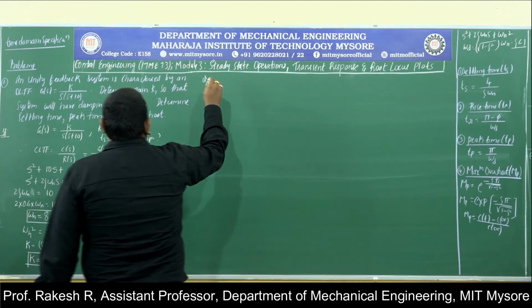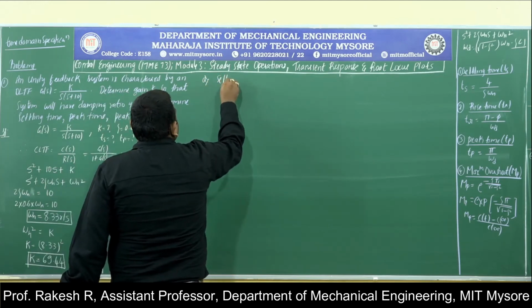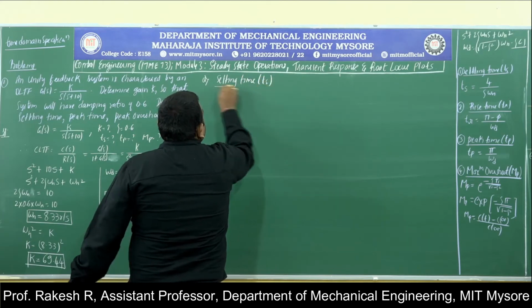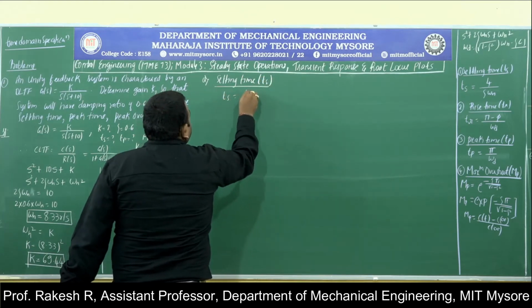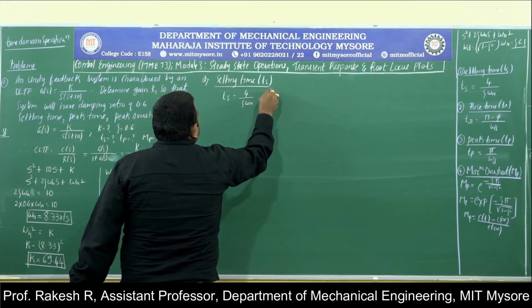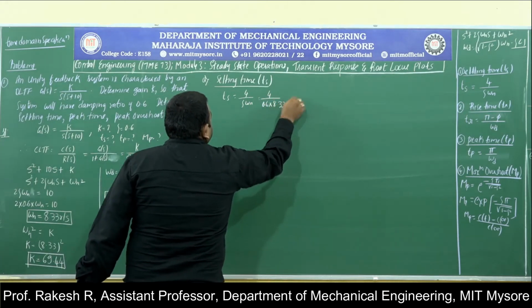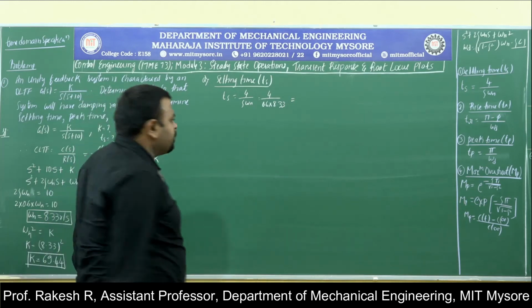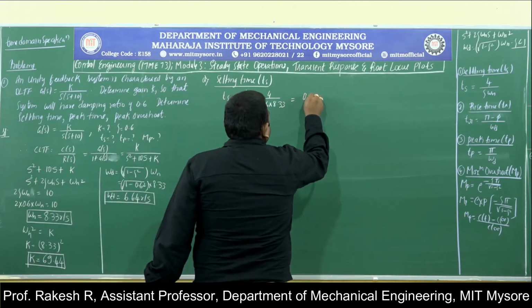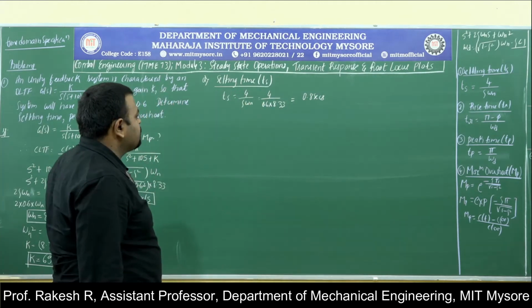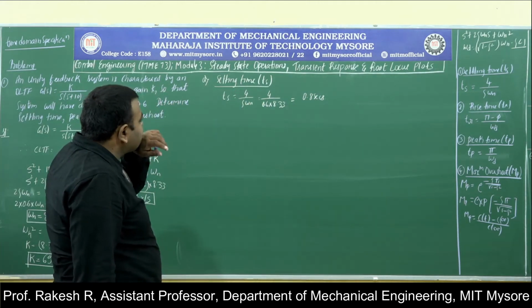Here they have asked, one is settling time Ts. Settling time is calculated as 4 divided by zeta omega n. 4 divided by 0.6 into 8.33. So you will be getting around 0.8 seconds. So this is the value of settling time what you have got.